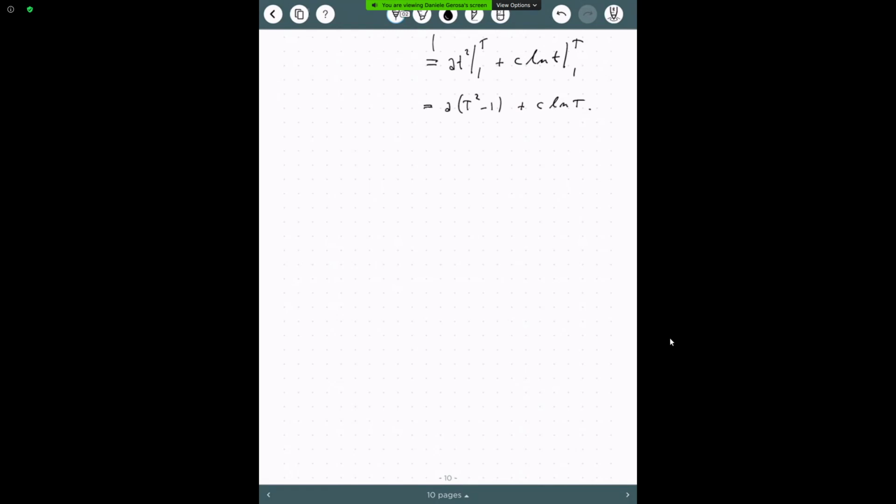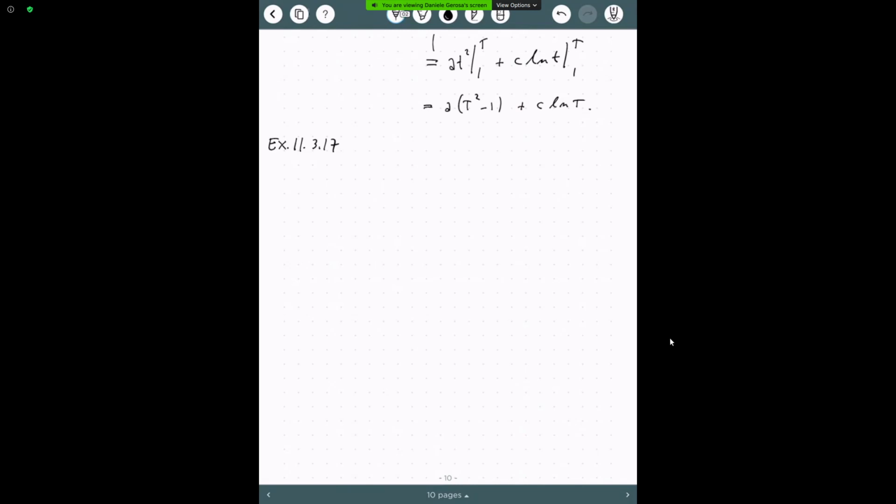Okay, so let's see the number 17. I anticipate that this kind of problem is essentially a one variable analysis problem, because once you have a curve and you want to compute a length, you just need to take derivatives, and this you know how to do, and then you have to compute integrals, and this you know how to do.